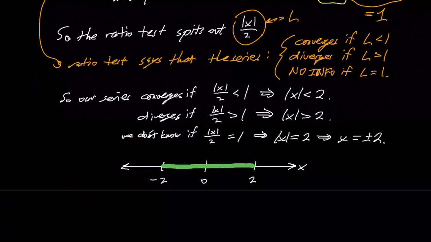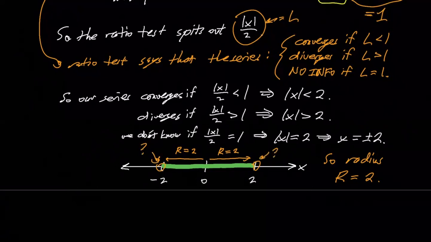That's actually something, before I move on, that tells us our radius, right? Because it converged, obviously at 0, and it converges all the way out to 2 and negative 2. So the radius r is 2. Good. What we don't know is what's going on here and here at 2 and negative 2. So these are still question marks.